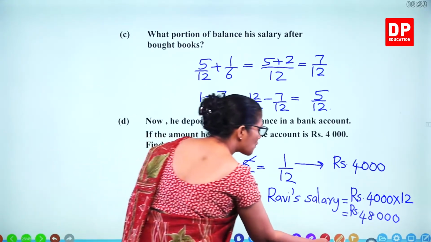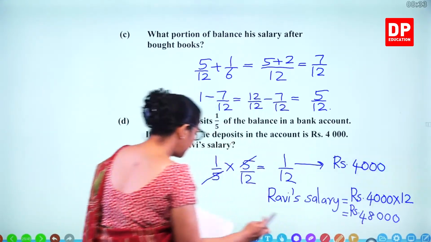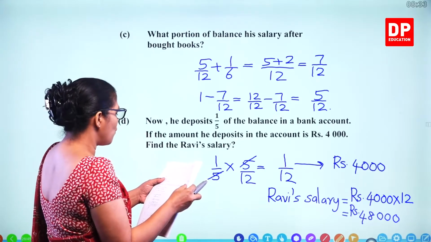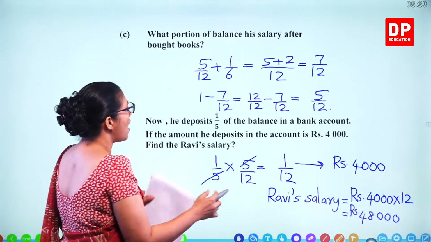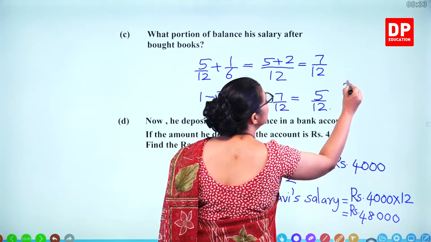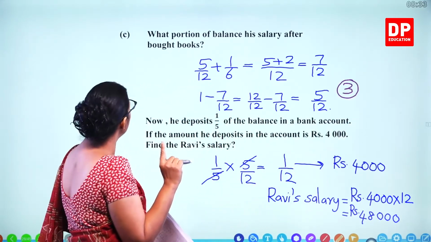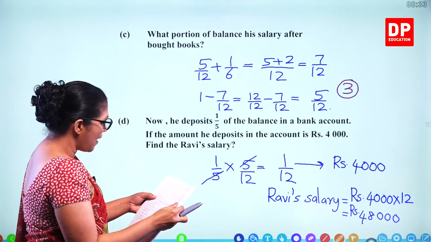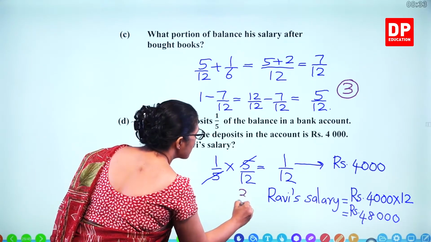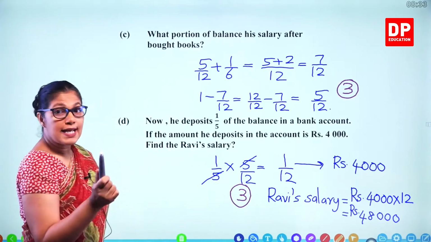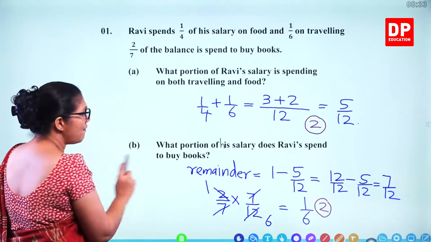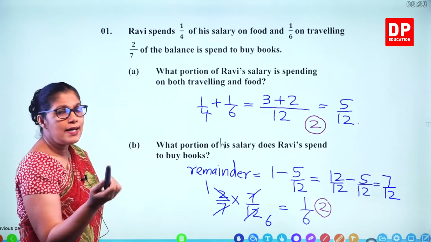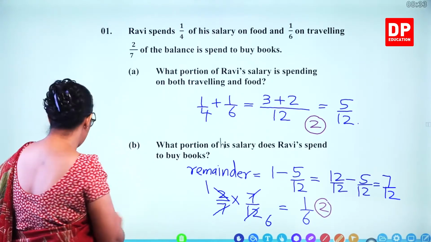So how many marks for these two steps? You get 5 over 12, 3 marks. And the last part, you get 48,000. That's also 3 marks. So 3 and 3, 6, and earlier we gave 4 marks. Altogether 10 marks for this question.